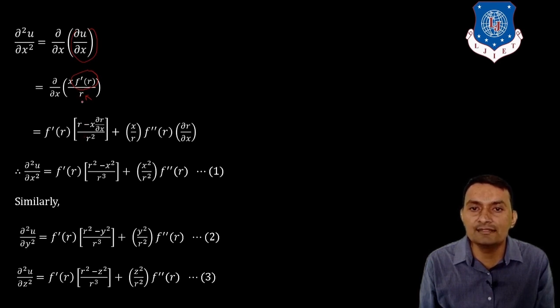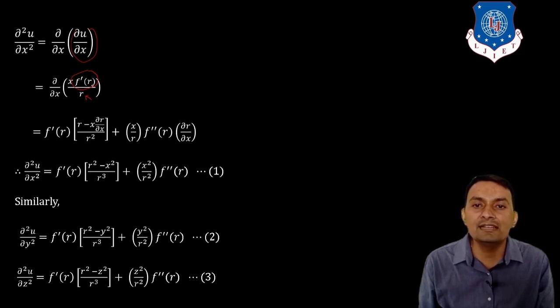First, the division rule is that: the denominator as it is, times the derivative of the numerator, that is going to be 1, minus the numerator, that is x, times the derivative of the denominator, that is del r by del x, plus x by r is there, then f double dash r, because it is not a function of x directly.